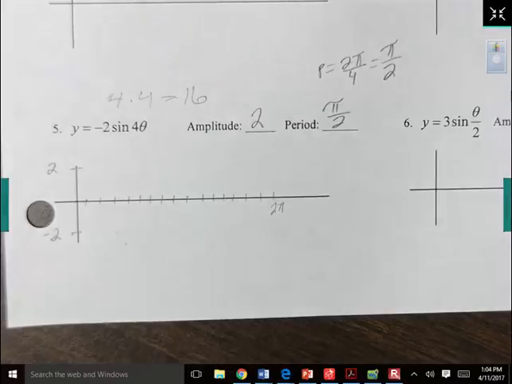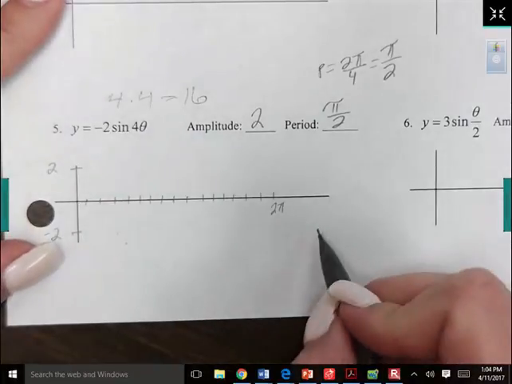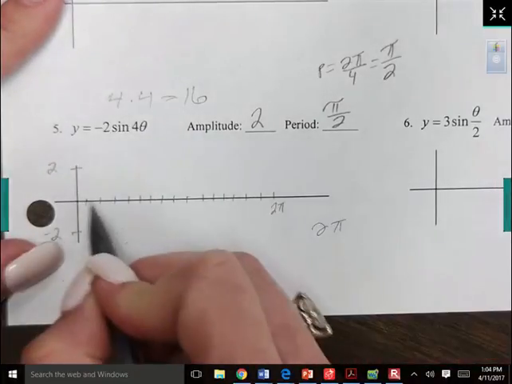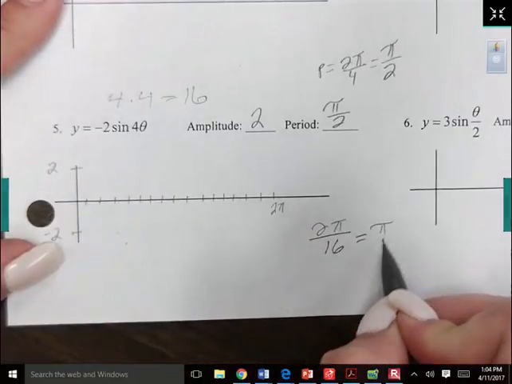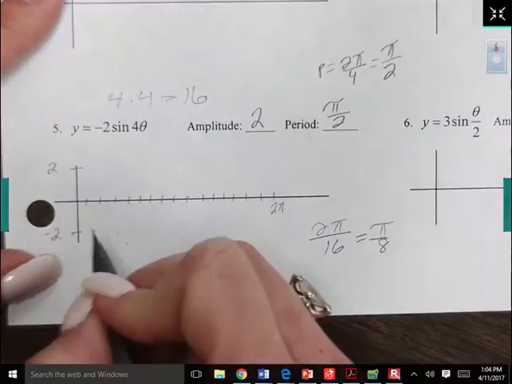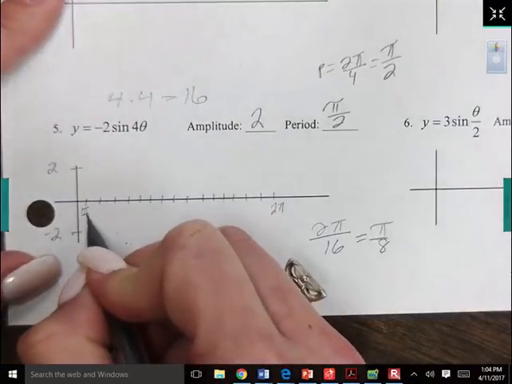Okay. All right, so 2 pi divided by how many equal parts do we need? 16, and that gives us pi over 8, which means we're increasing by pi over 8 each time. So this is 1 pi over 8, right? Guess what this one is?